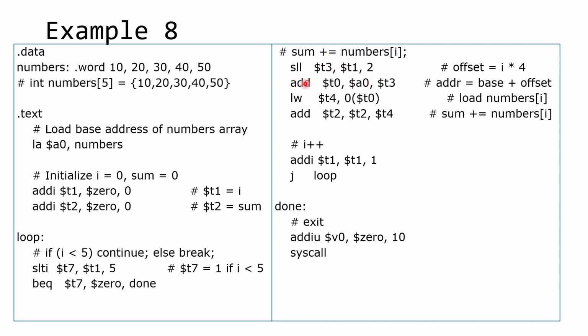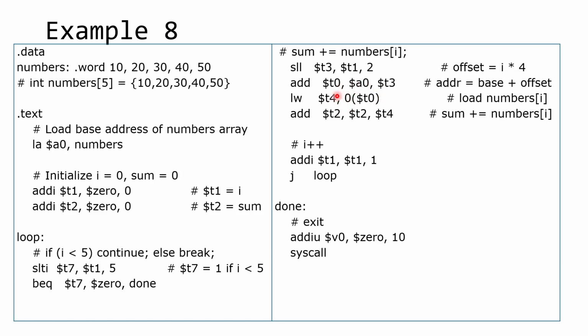Then we add the content of $a0 with $t3, the i times 4, and store it inside $t0. And then load word: the base address plus offset is the target address. We use the immediate 0 because we already added the offset, so we can just keep on using the 0 here.